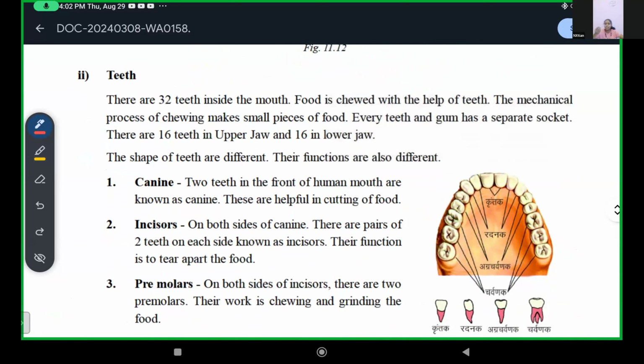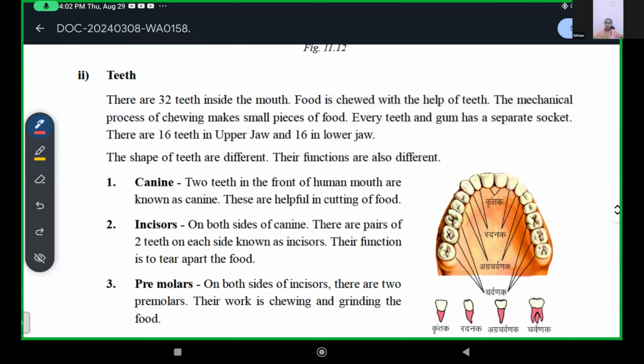If we directly swallowed that solid bite that we take in, it would get stuck in the food pipe and be hard to digest. But the teeth grind it together and make it less solid so that it goes inside the food pipe easily and is easy to digest.